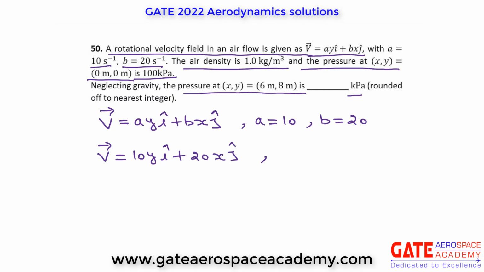And what is the velocity vector in 2D? V is equal to u i cap plus v j cap, where u is the velocity in x direction and this small v is the velocity in y direction. So u is equal to 10y after comparing and v is equal to 20x, right? And time is not involved here, so it is steady flow, right?